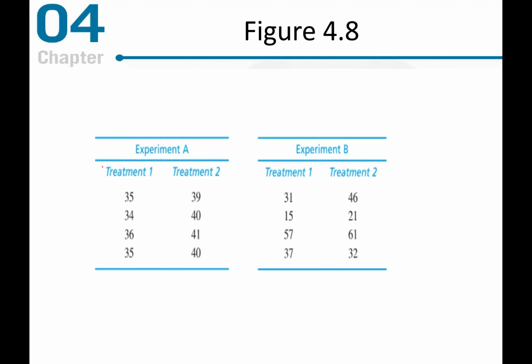So here's experiment A, and here's treatment group 1 and treatment group 2. And then here's experiment B, and here's treatment 1 and treatment 2. So let's say there are 4 people in each of these experiments.